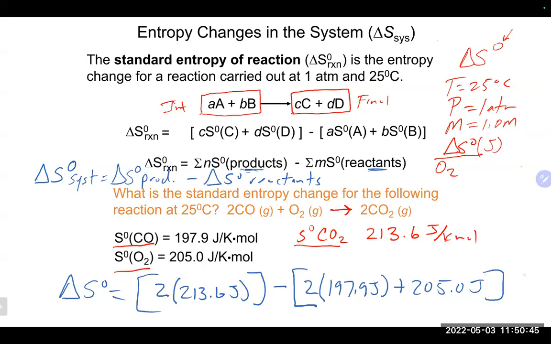If we do all that, it looks like a minus 170-something, I think it was. 2 times 213.6. It's like a minus 173.6, we'll call it, and these are joules.